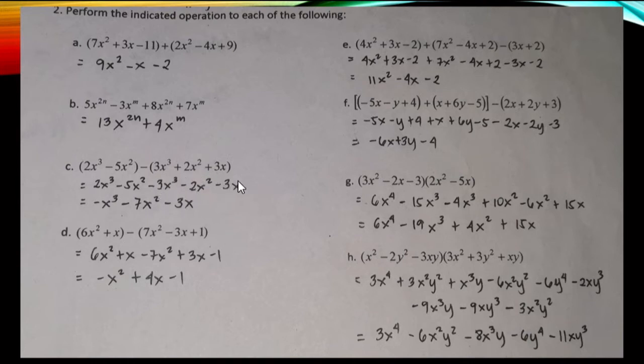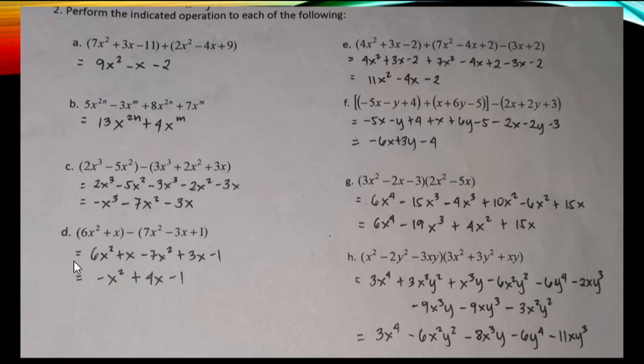Then combine like terms. So, 2x cubed and negative 3x cubed are like terms. So, 2 minus 3, that is negative 1, so negative x cubed. Then these two, negative 5 minus 2. Since both are negative, we add them but copy the negative sign. So, negative 7x squared. Then we have minus 3x.